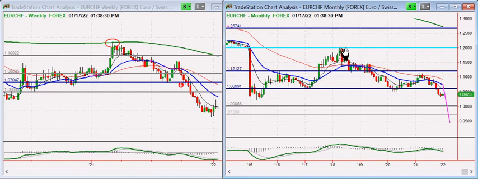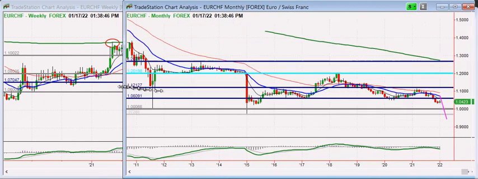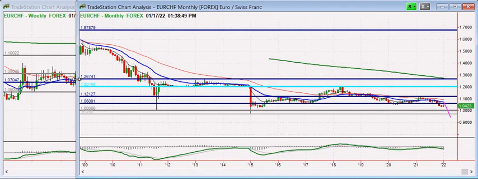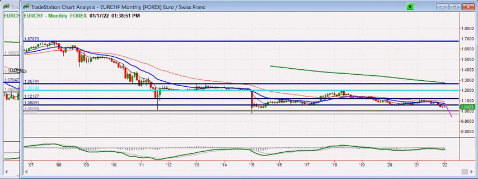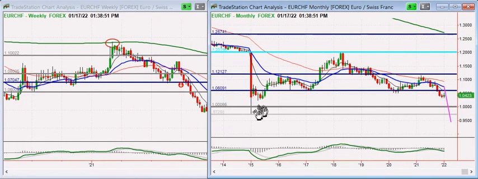It tested it, a very important psychological level, the prior peg, and since then it's been falling apart. And the Swissy is a very strong currency, and we can see it. I mean, that's for many years. This is an important level, and we're basically shooting now for this level. That's the stop run level.